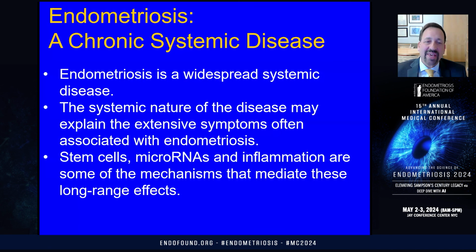We need to start thinking about this as one disease, recognize all of these as simply manifestations of endometriosis. And the mechanisms include stem cells, microRNAs, inflammation, all these circulating inflammatory cytokines. These are the mechanisms that mediate these long-range effects of endometriosis.